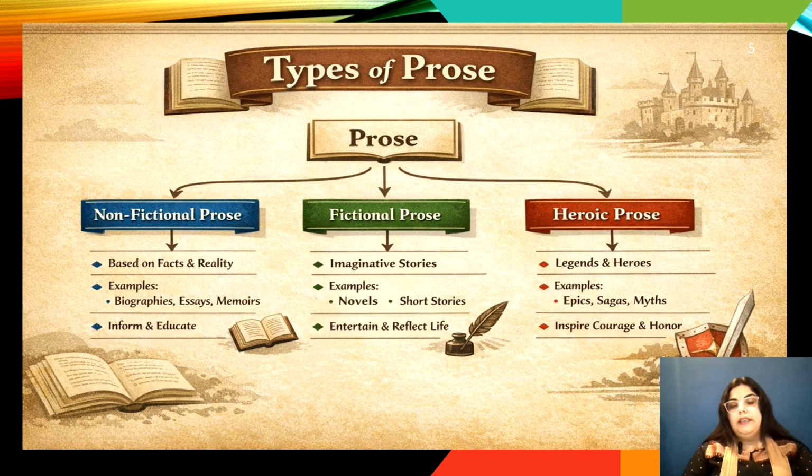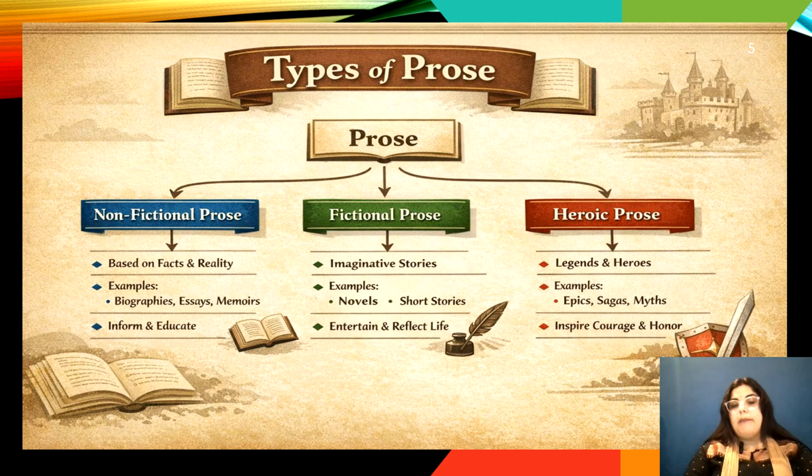Now, as you can see, the types of prose. Non-fictional prose is based on facts and reality. Examples can be biographies, essays, memoirs, and the purpose of this particular prose is to inform and educate. Now, let's see fictional prose.